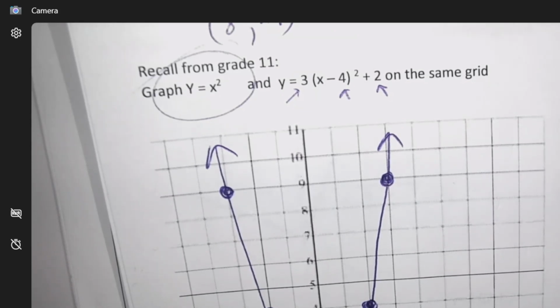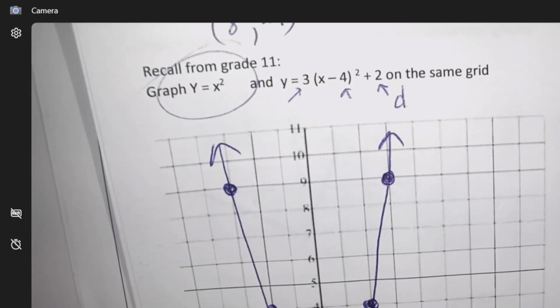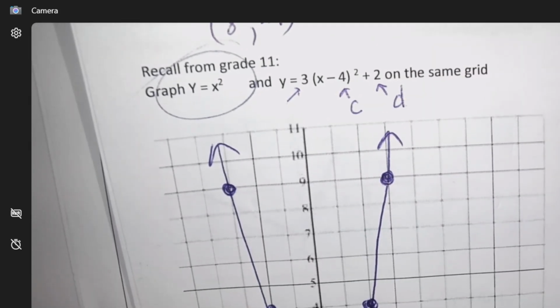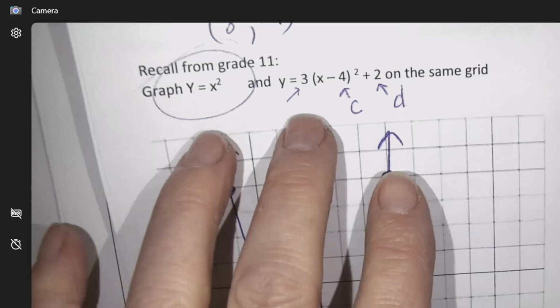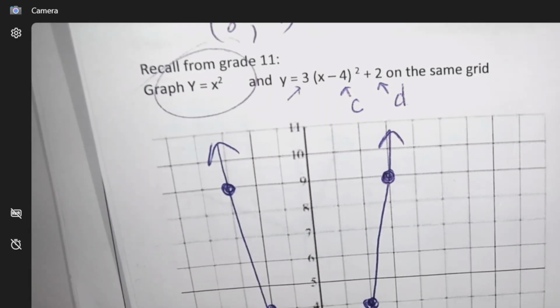A, B, C, D's. Okay, I think we're straightforward here that that's going to for sure be a D, right? And that's a C.